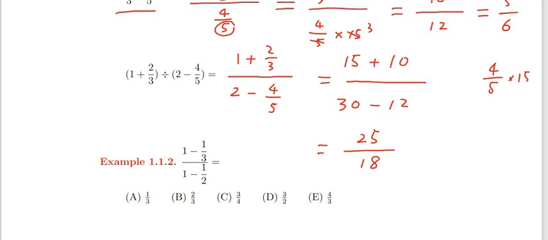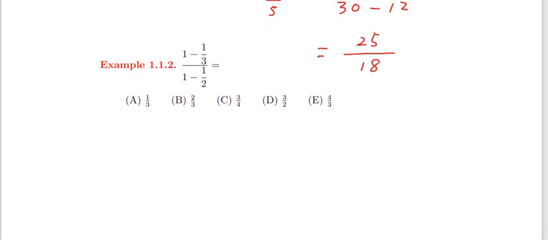So we can have those kind of problems, like this number equals which one: A, B, C, D, E. So here we just multiply 3 and 2, so multiply by 6.